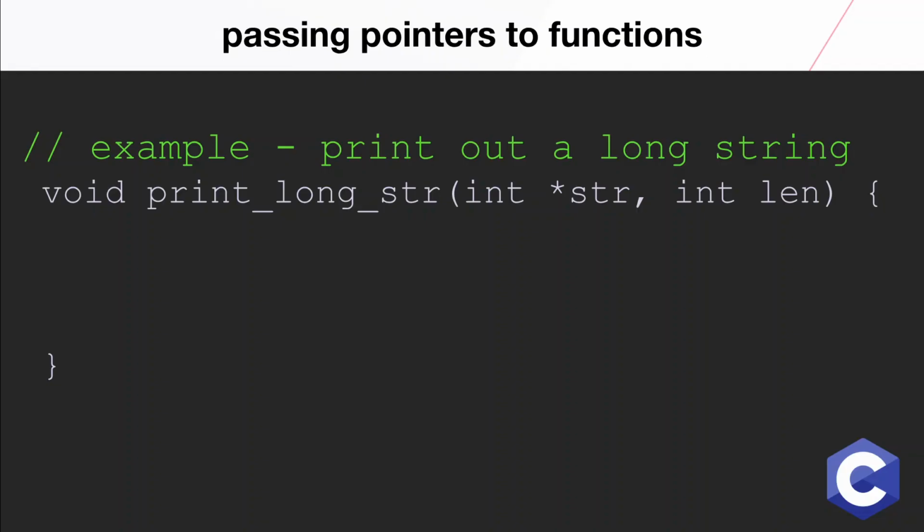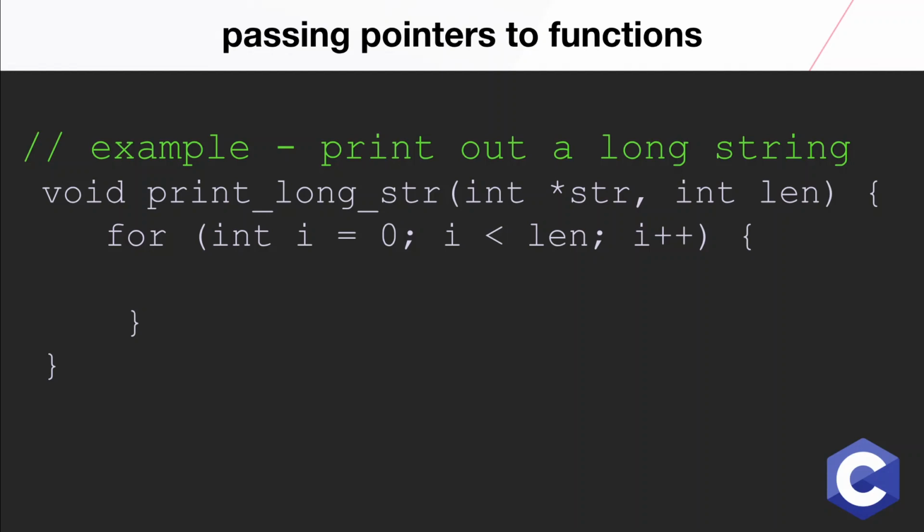All right, so let's look at an example. So let's say that I have a really, really long string. I don't want to pass the string as a parameter, but I want to print out that string. I could pass in a pointer to that string. And it's probably also helpful to have the length of that string.